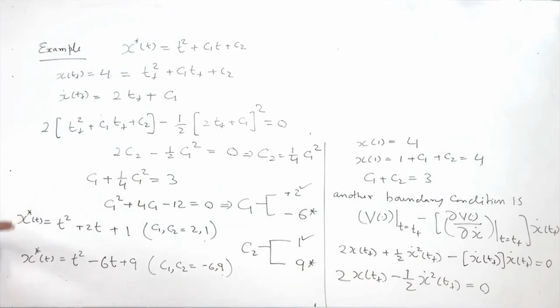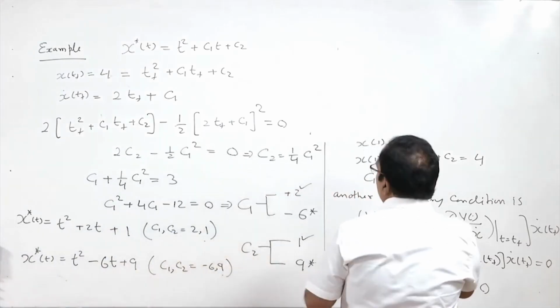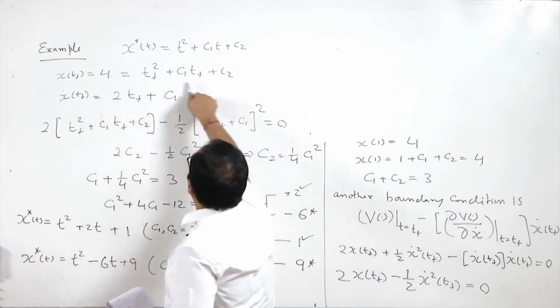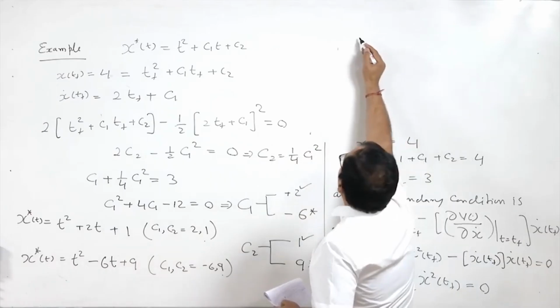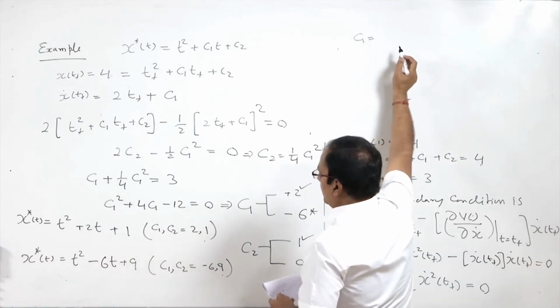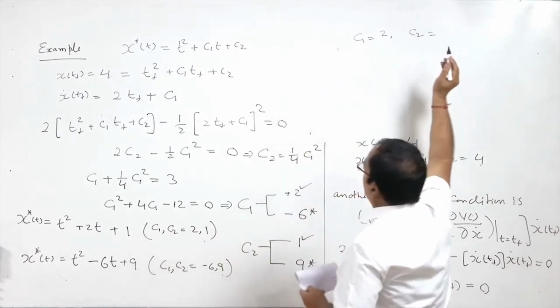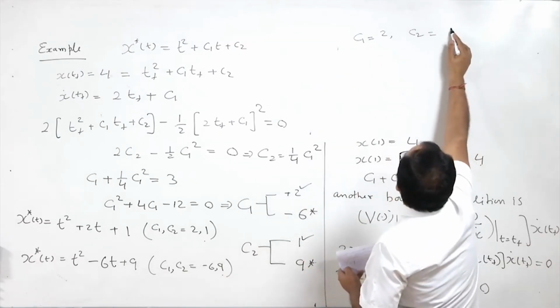Which solution will I select for this? We can select by finding the value of TF. From this equation, if I know C1 C2, let us say C1 equal to 2, C2 equal to 1.